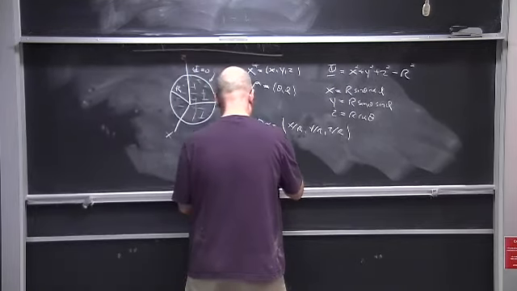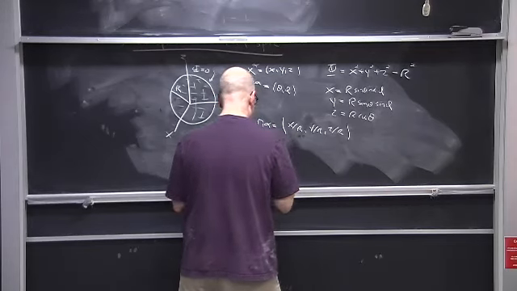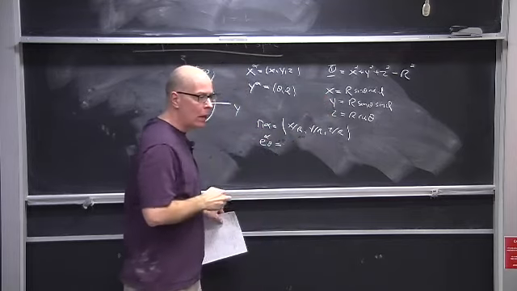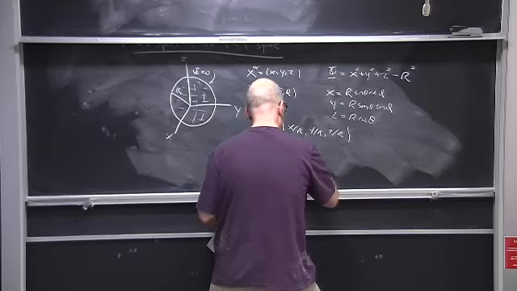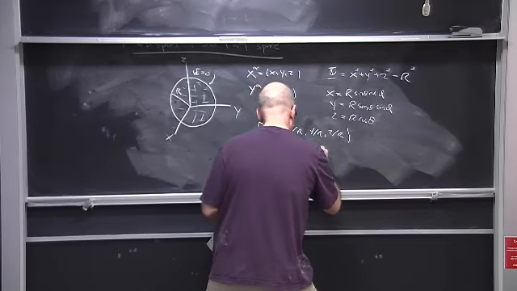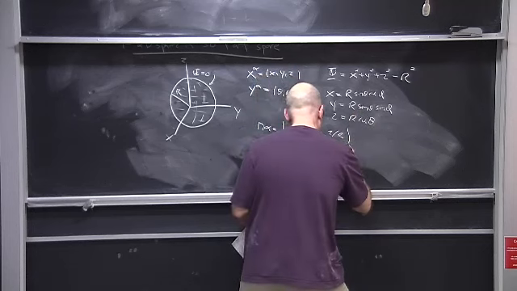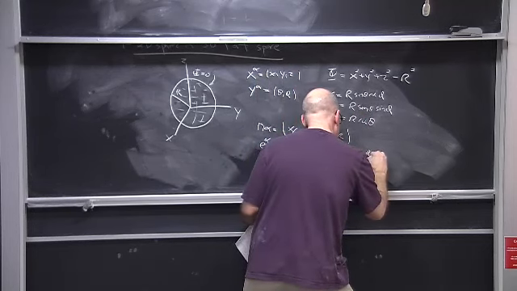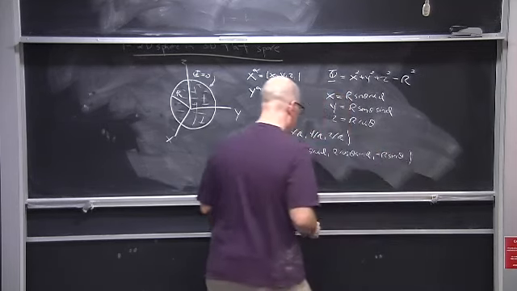And then I will have two tangent vectors in this case. e_theta, which will be the partial derivative of x, y, and z relative to theta. So that will give me r cos theta cos phi in the x direction, r cos theta sine phi in the y direction, and minus r sine theta in the z direction.